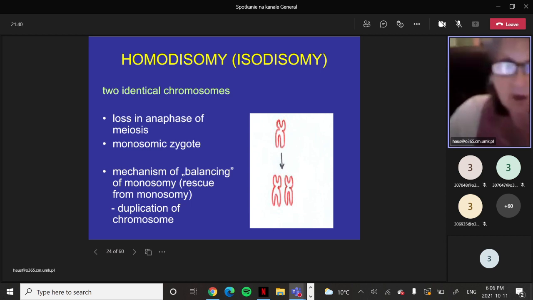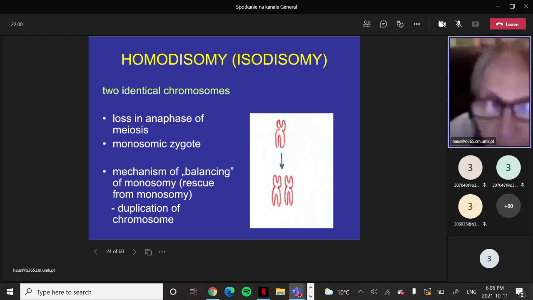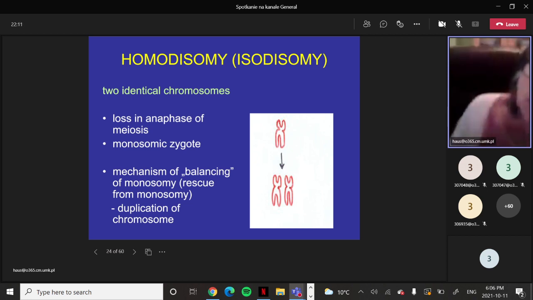be alive. Okay, so this zygote should act quickly to rescue itself from monosomy. So the zygote replicates this chromosome. Yes, a new zygote has two chromosomes of this pair. The quantity of genetic material is normal, but they are identical chromosomes.